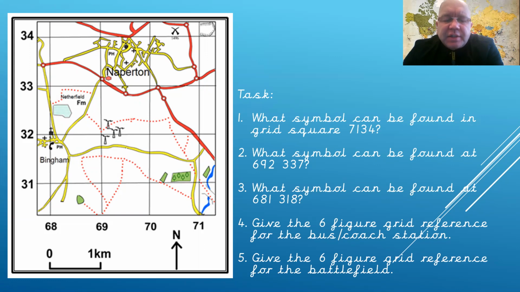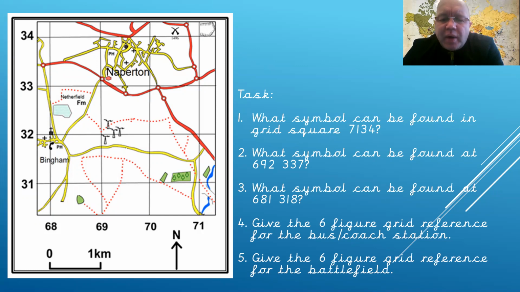That's a 6-figure reference. Find what symbol is at 692337 and tell me what it is. 3, what symbol can be found at 681318? Again, find that position on the map and then tell me what the symbol is.